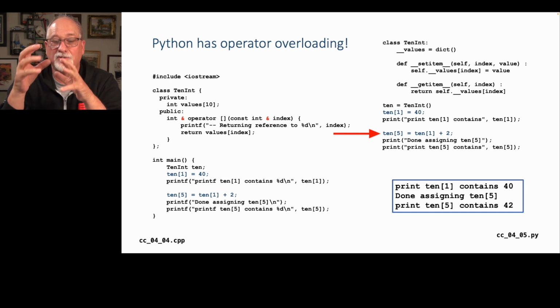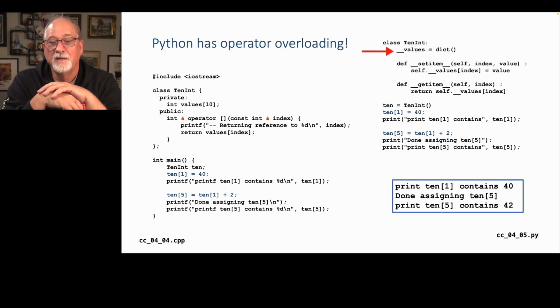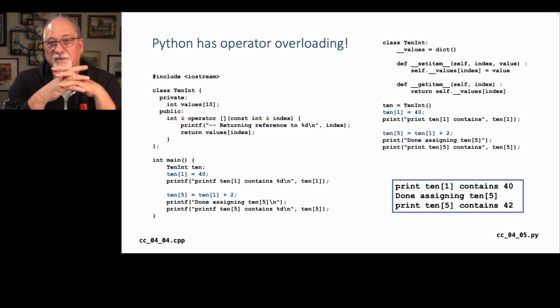And then that stores 42 in position 5 in our private values variable. And then I print it out, which is a right-hand side lookup of ten sub 5, which calls getItem again with self is ten and index is 5, and so we get the 42.